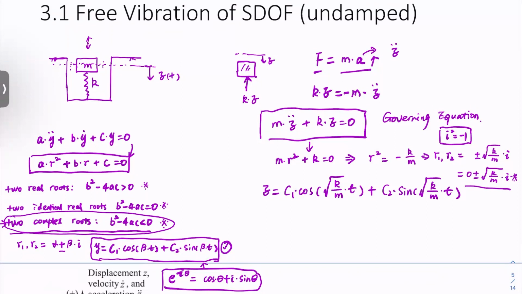Okay, so now let's pause for a little bit, and I'm going to give you the first definition. There's nothing to do with the math or whatever. This is the definition. We define omega n as the square root of k over m.